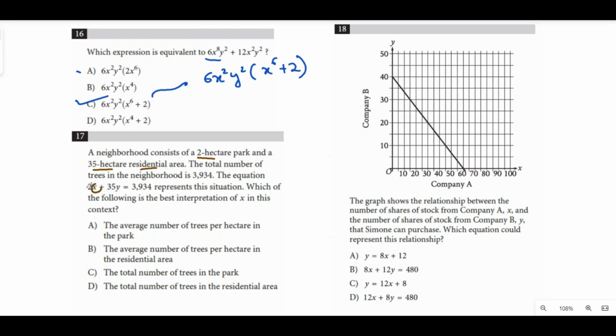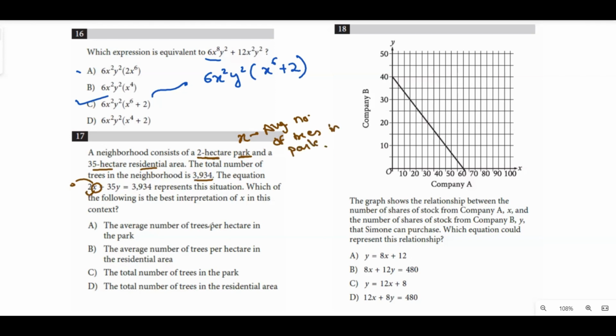This x is representing what? Definitely, this x has a coefficient of 2, and 2 is representing the park area. So we can say that x is an average value of trees in the park, because 3,934 is the number of trees.